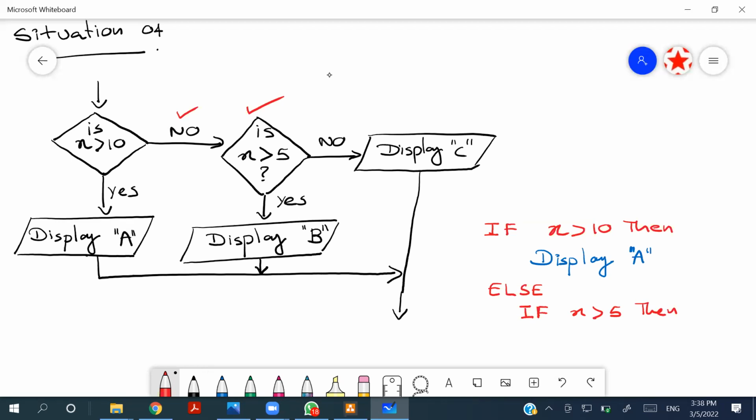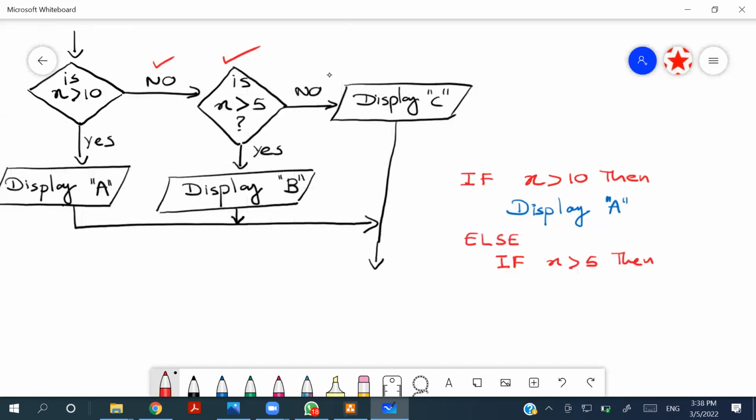then what do we do? We have to think what is to be done when this condition is true. So that means we have to display B. That's right, Udamya. So display B. And that means this is done as well as this is done.